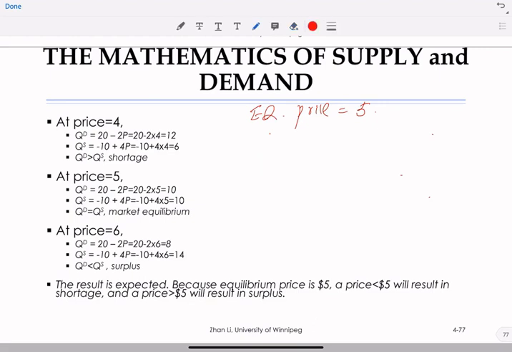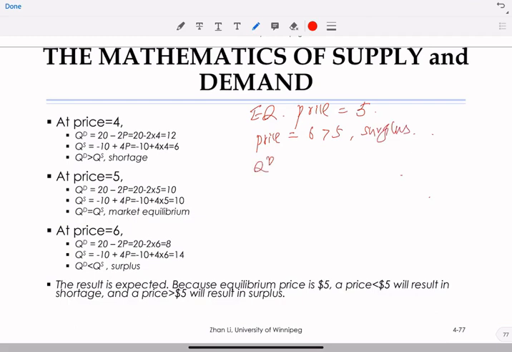We know that if the market price is above the equilibrium price, then there will be a surplus. So let's examine the special case of price equals 6, which is larger than 5.